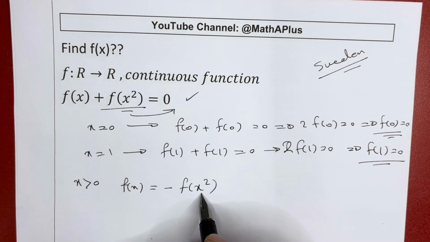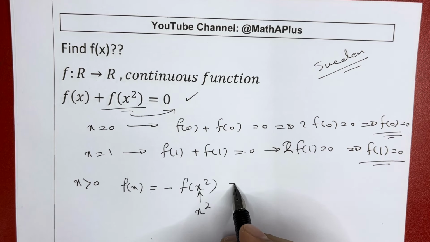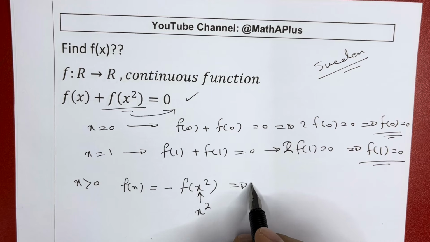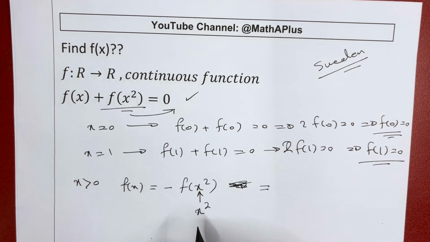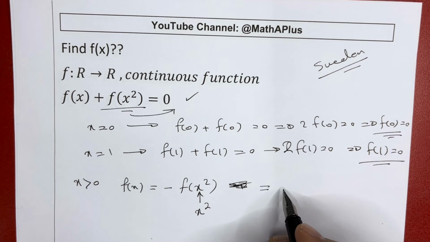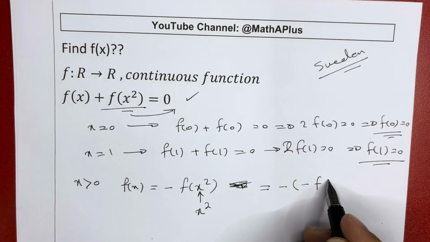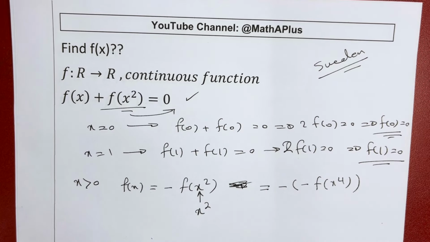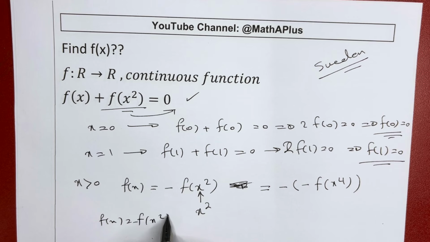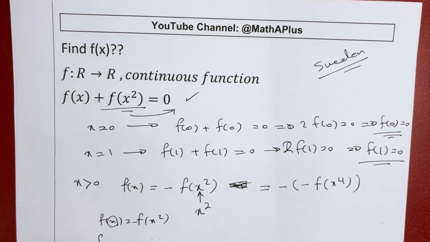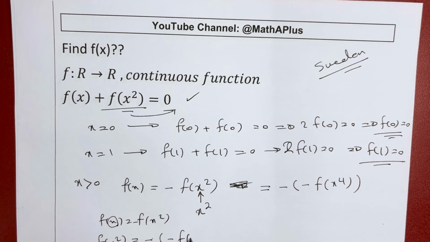Then if instead of x here I put x squared, what happens? f of x squared will be minus f of x to the fourth. Makes sense? So f of x is minus f of x squared. If instead of x you put x squared, then it's going to be minus f of x to the fourth, and so on. You can continue that.